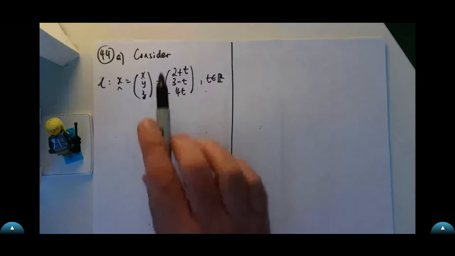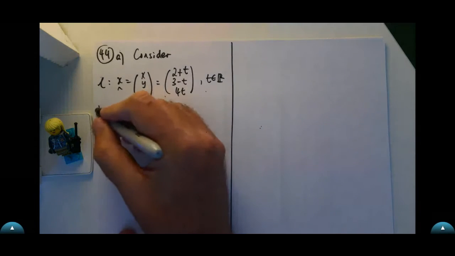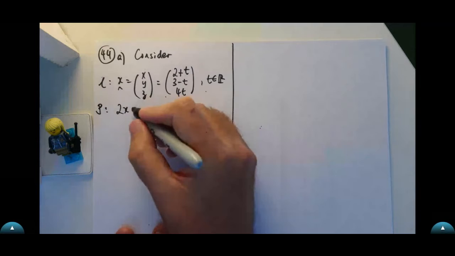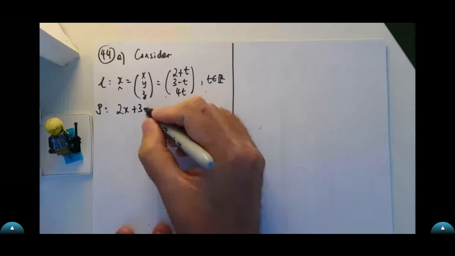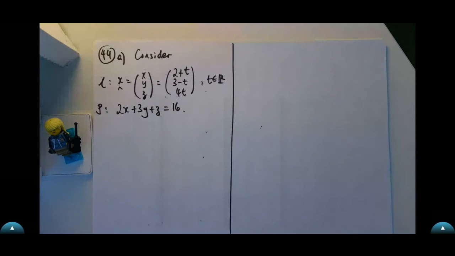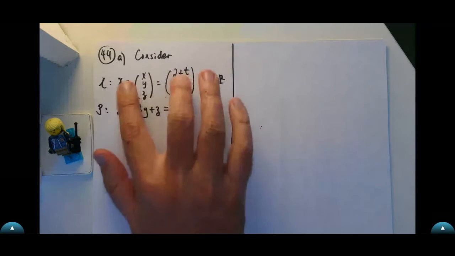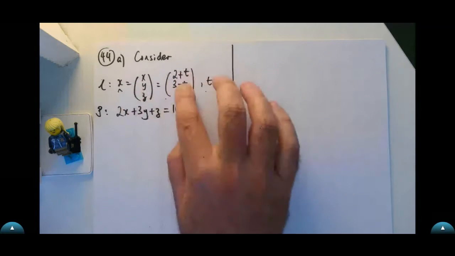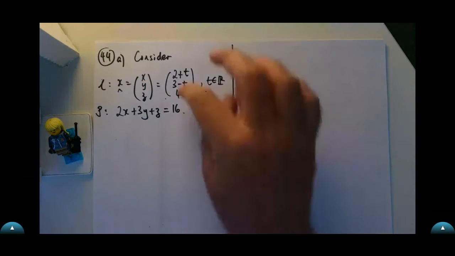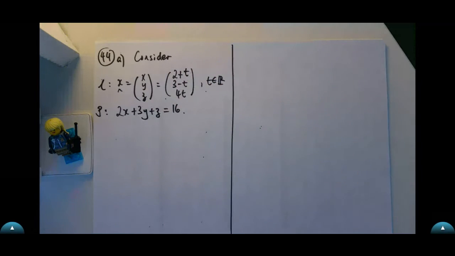So they haven't split this up into a point plus t times a vector. Let's write this as our plane P. What we can do is this and this intersect when their equations hold, and so we take this, substitute it in, and find a value of t.